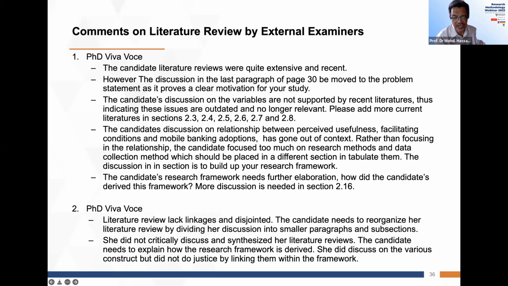She did discuss the various constructs, but did no justice by linking them within the framework. She discussed the theoretical framework and some of the variables that are important to her research, but she stopped short of linking them to the framework. Suddenly she had a framework which is totally different from what was discussed earlier.